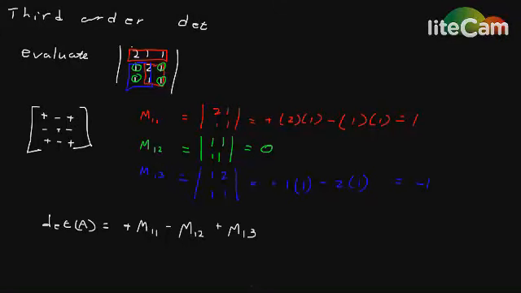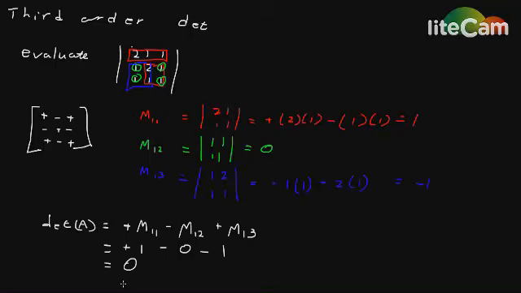M13, and then it's quite simple to add it all up: plus 1 minus 0 plus negative 1, which is minus 1, and the determinant is 0.